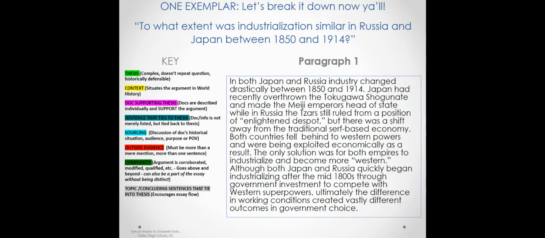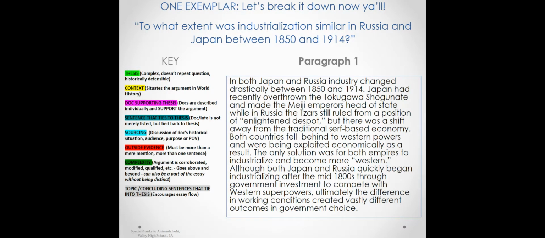Both countries fell behind to Western powers and were being exploited economically as a result. The only solution was for both empires to industrialize and become more Western. Although both Japan and Russia quickly began industrializing after the mid-1800s through government investment to compete with Western superpowers, ultimately, the difference in working conditions created vastly different outcomes in government choice.